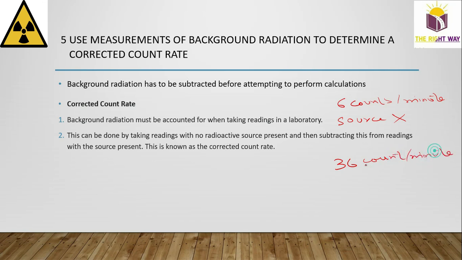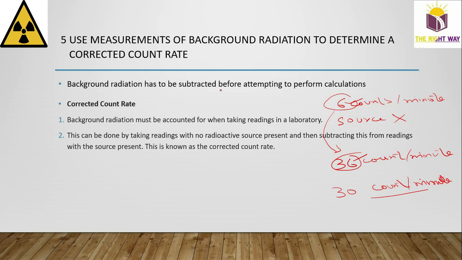Now we will subtract these 6 from our counted result. Then it means that 30 counts per minute is our result. The 6 here is the background radiation, and it should be subtracted from our final result.